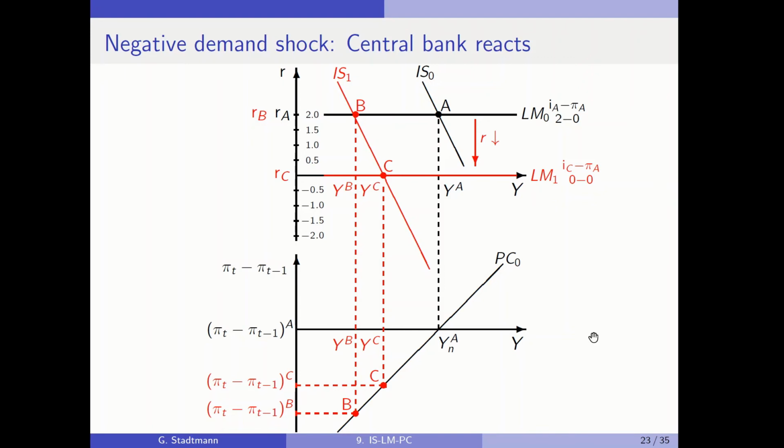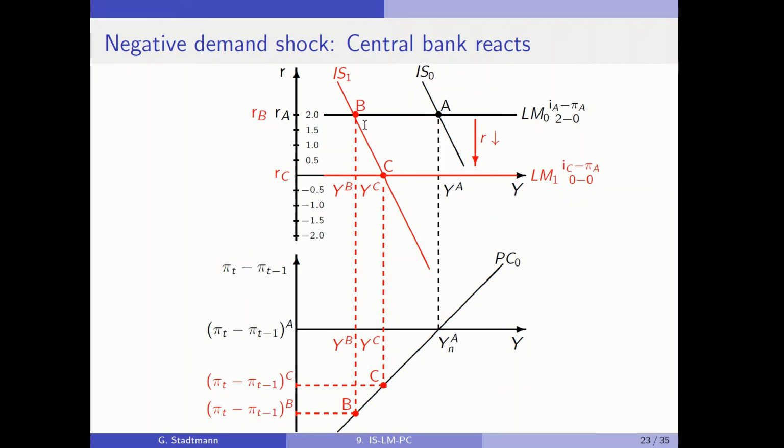Of course, the instrument of the central bank is not the real interest rate, but the nominal interest rate. So the central bank is reducing the nominal interest rate from the level of 2% to the level of 0%. Thereby also the real interest rate decreases and the economy gets back on track.